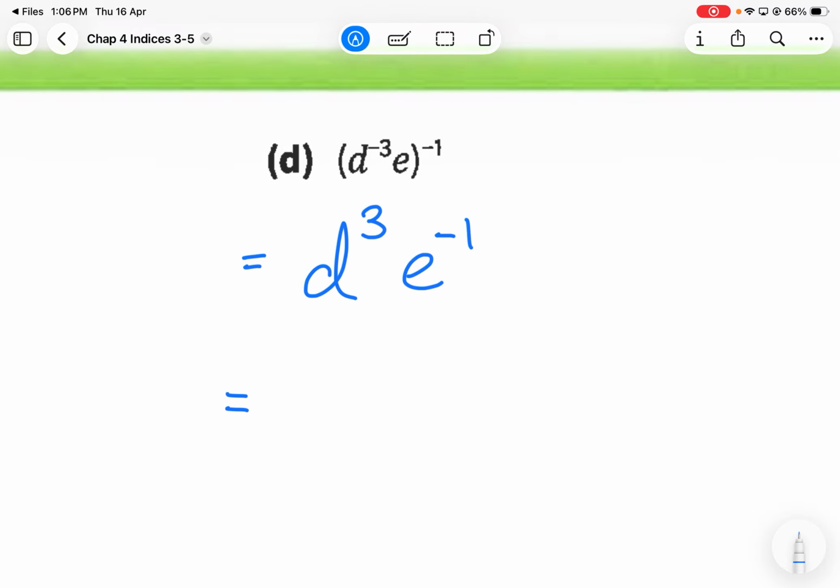Now my D cubed is positive power, so I don't need it to move. But my E has negative power, so I need my E to go to the denominator. Okay? All these are multiplication, so I can move them separately.